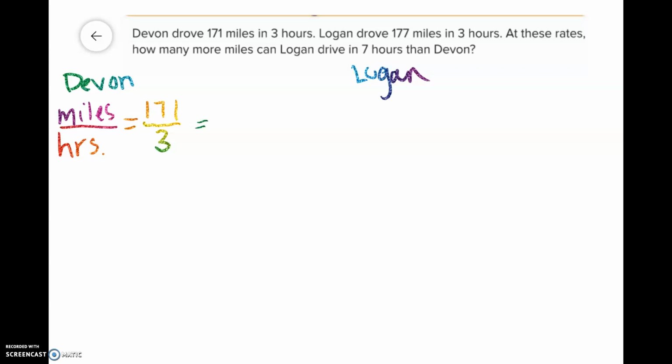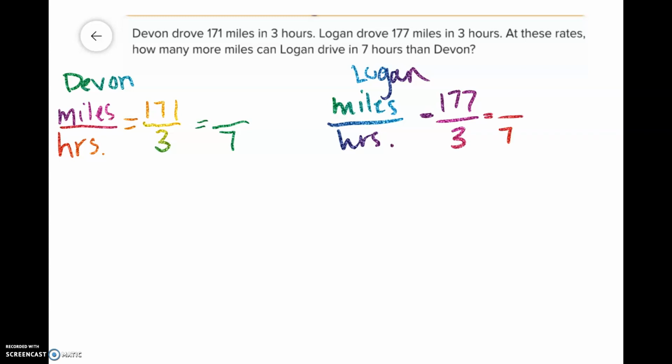So I need to convert Devin into 7 hours. And I guess I'll set up Logan at this time too. So I know that he went miles and hours as well. Obviously, he drove further because he's going 177 miles in 3 hours.